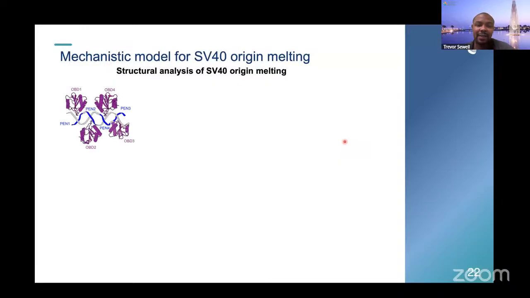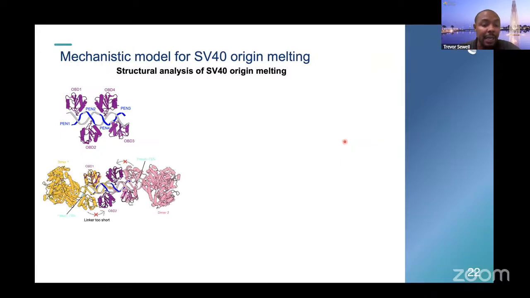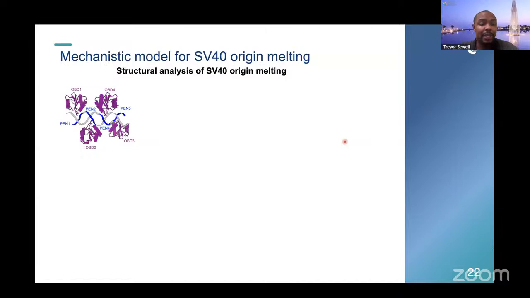To do this, we revisited the crystal structure of the OBD, the origin binding domain, bound to the origin DNA. And then we can see 4 OBDs occupying the 4 pen sequences.